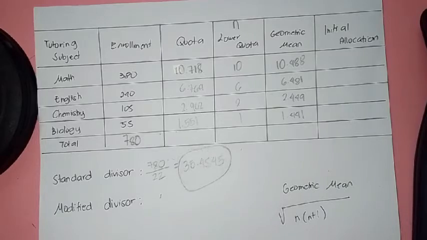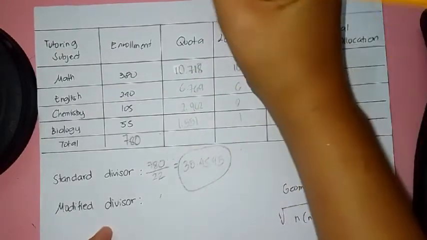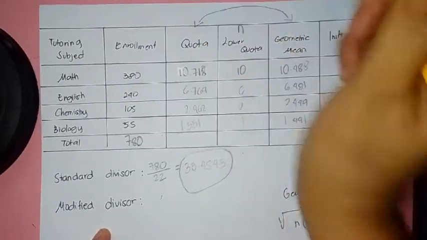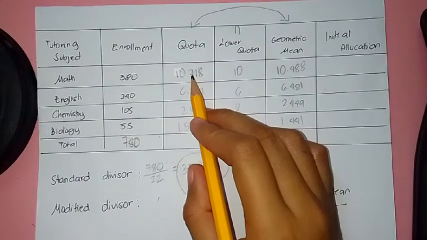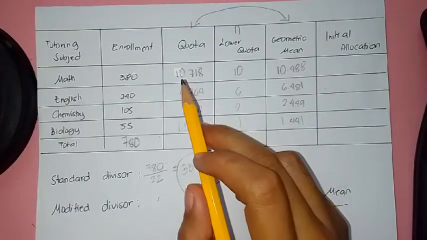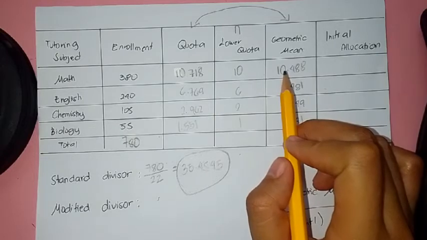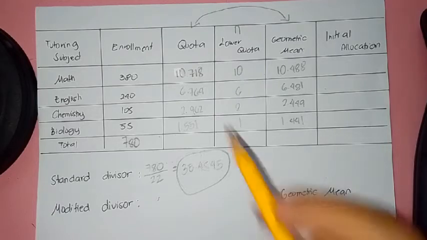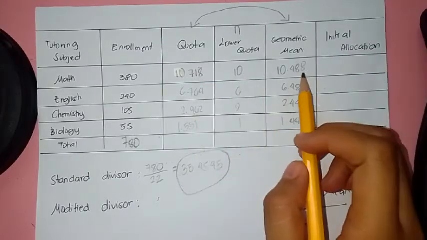So, for the next step, we compare the quota and geometric mean. If the quota is larger, we round up the quota. If the geometric mean is larger, we round down the quota. We notice the math quota is larger than geometric mean.